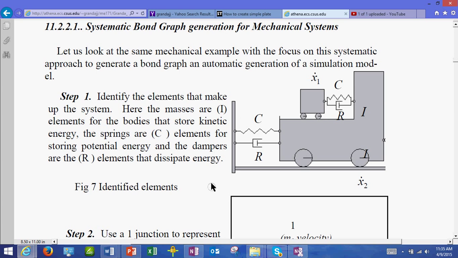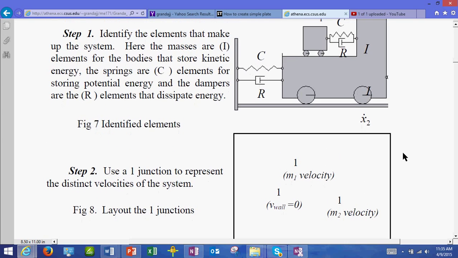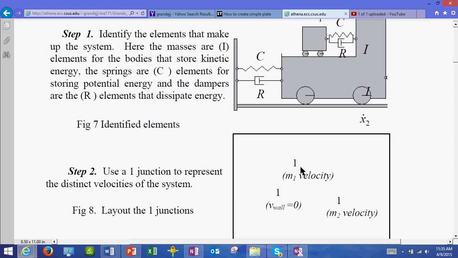Now the second step that we pointed out is we are going to put one one junction for each distinct velocity. So that's step 2. We have this one, and we have this one, and then we have the reference velocity.